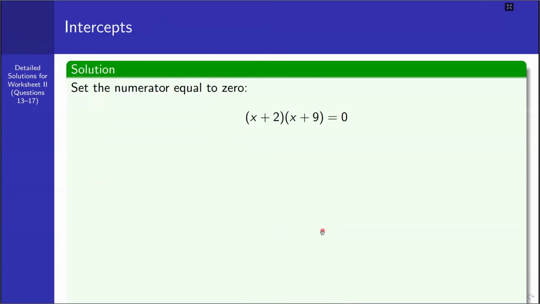Then if I set the numerator equal to 0, x plus 2 times x plus 9 equals 0, so the zeros are minus 2 and minus 9.